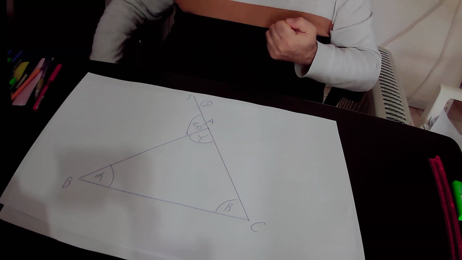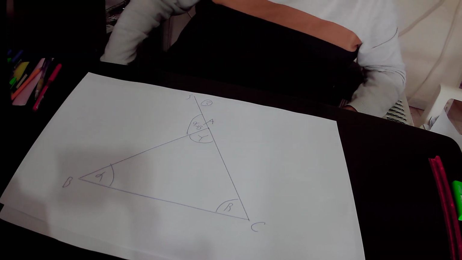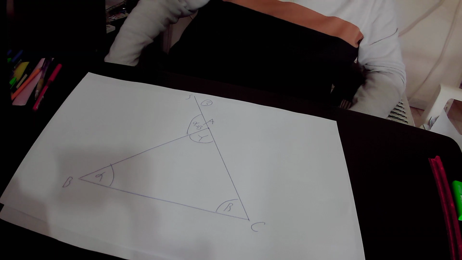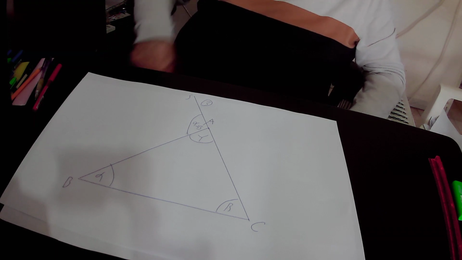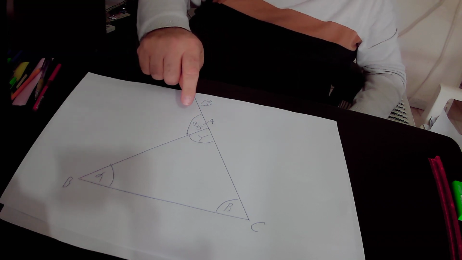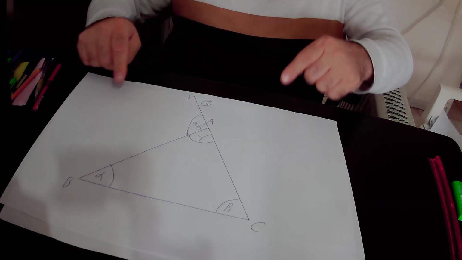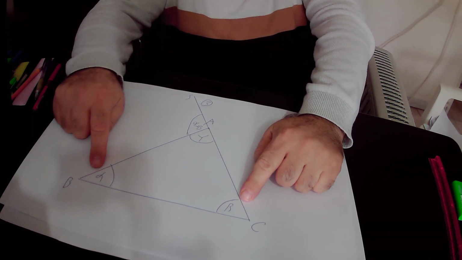And according to rule number 4, the value of the exterior angle SAB is equal to the sum of the two angles that are not adjacent to it. Angle gamma is adjacent to angle SAB, and the only two angles that are not adjacent to it are those two angles, and the sum of those two angles is alpha plus beta.